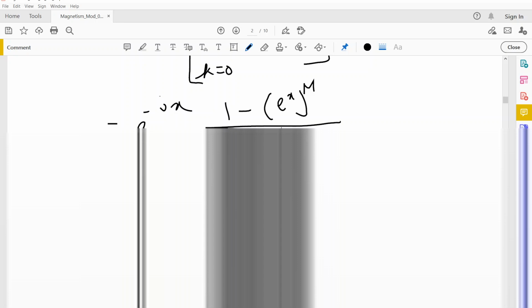And then we have this coth function where I have (2J plus 1) x by 2, right? From here, (2J plus 1) x by 2. That's the first term, and in the second term we have the same factor. So let me write it here, g mu B beta by 2, right? And then we have the coth function here.